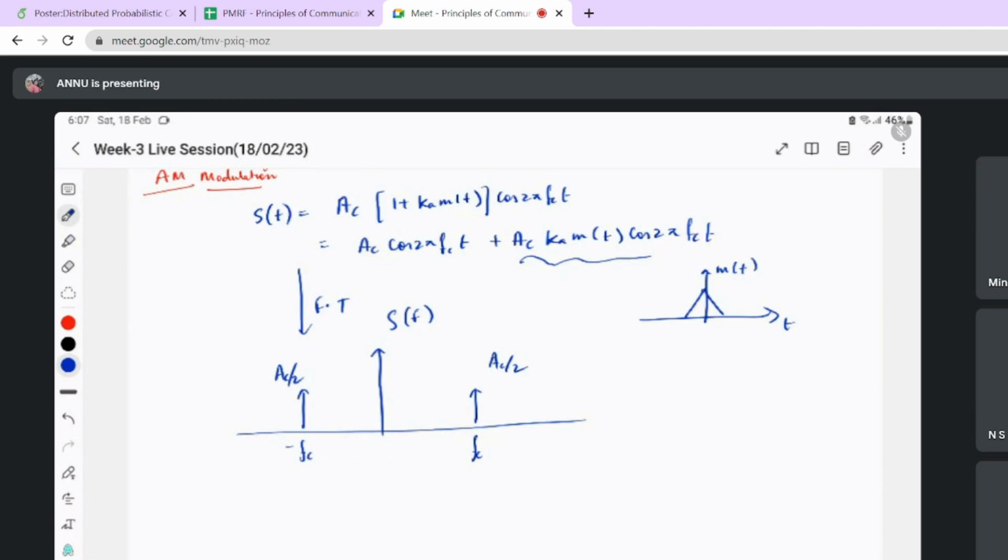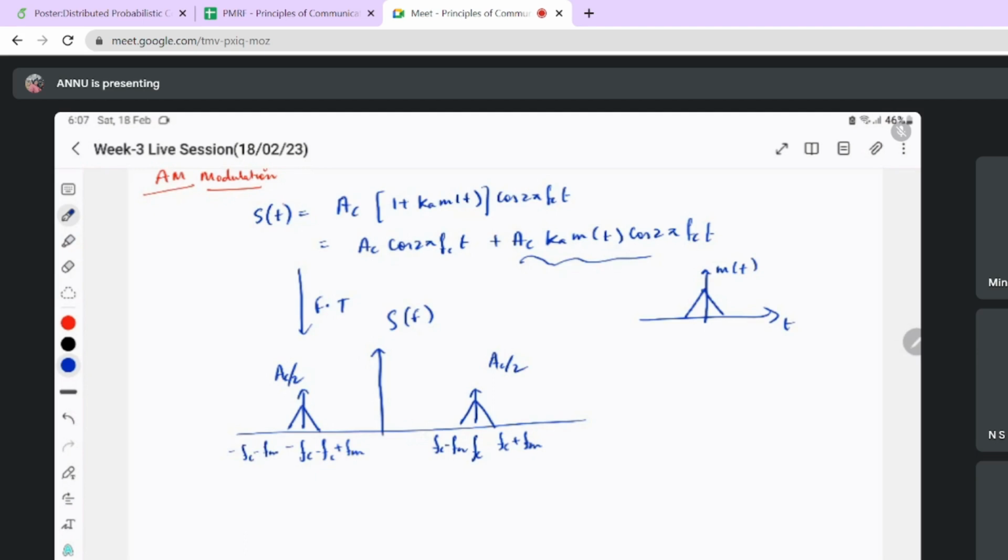Yes, very true. So here you will have fc plus fm and fc minus fm. Similarly here, minus fc plus fm and minus fc minus fm. So you have to make sure how this looks like.